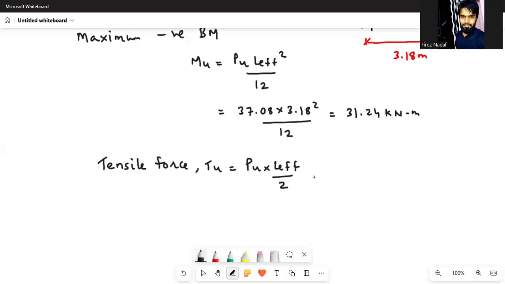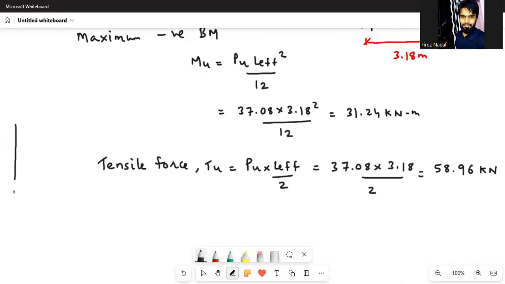So this is the formula of direct tension, that is tensile force. Pu we know, 37.08 into L effective is 3.18 divided by 2. Okay. So direct tension Tu you are getting as 58.596 kilonewton.